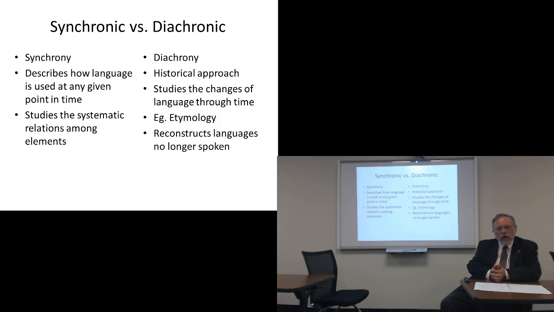Whereas synchronic is how does it work at a specific point in time, such as today, okay? All right, very good. And again, both approaches are perfectly fine. There's nothing wrong with the synchronic or the diachronic approach, but you need to know what you're doing. Are you a synchronic linguist, or are you a diachronic linguist? Are you a historical linguist, or are you a linguist tout court?